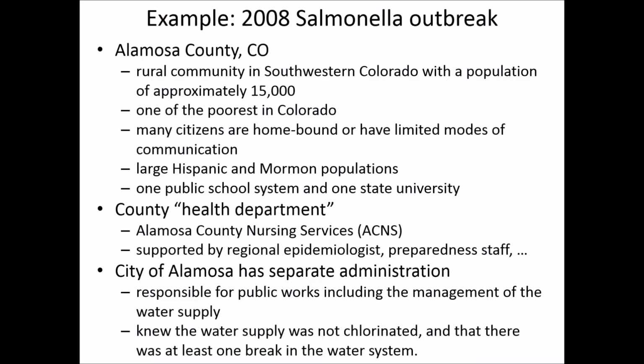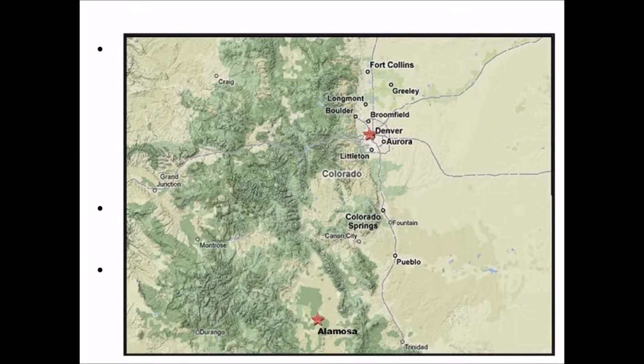The county also includes the city of Alamosa. The county runs the health department, which in 2008 wasn't a full-service health department as it is now, but actually was named the Alamosa County Nursing Services, stressing the fact that it primarily provided nursing services and didn't have environmental functions and things like that. The county health department is supported by the regional epidemiologists, preparedness staff at the county level, and so on.